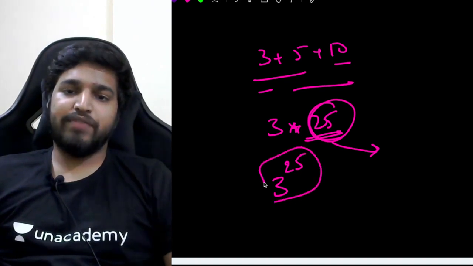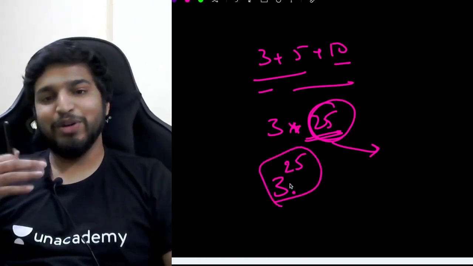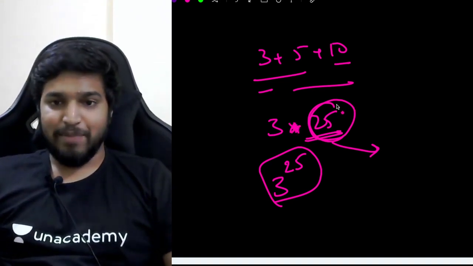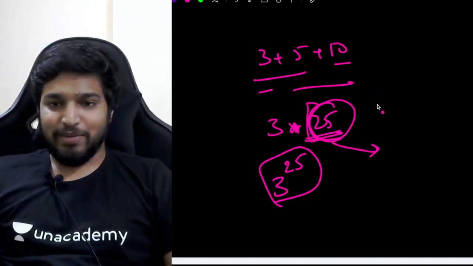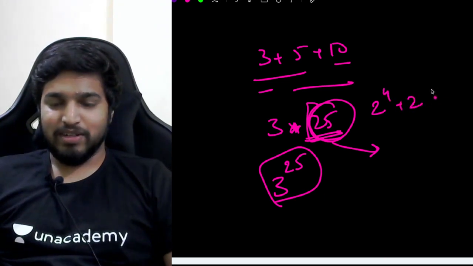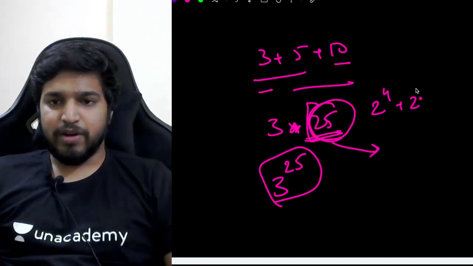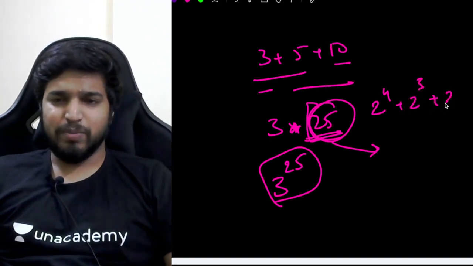Like 3 power 25, the computer won't do it for you quickly. But multiplication is already there, so there's no need to break this down into 2 power 4 plus 2 power 3 plus 2 power 0.